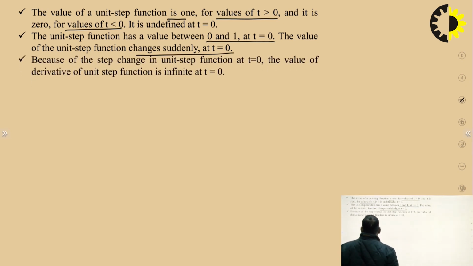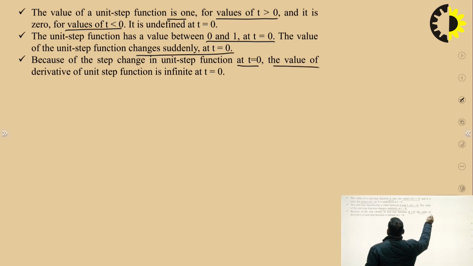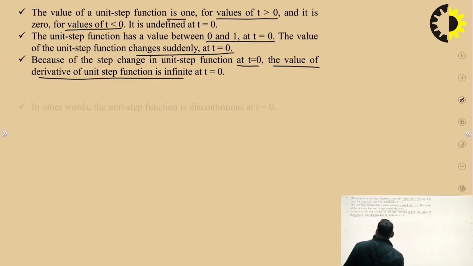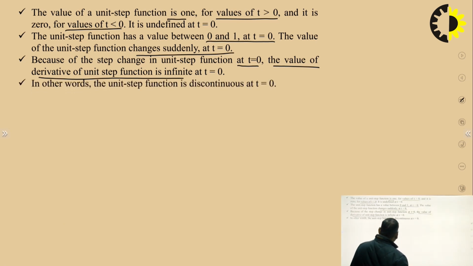Because of this step change at t is equal to 0, the value of the derivative of the unit step function is infinite at t is equal to 0. In other words, the unit step function is discontinuous at t is equal to 0.